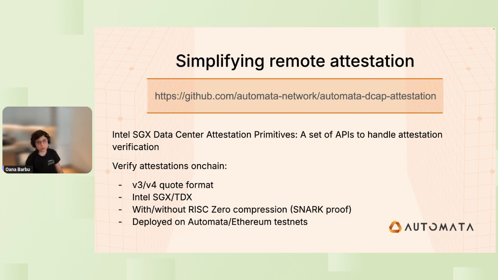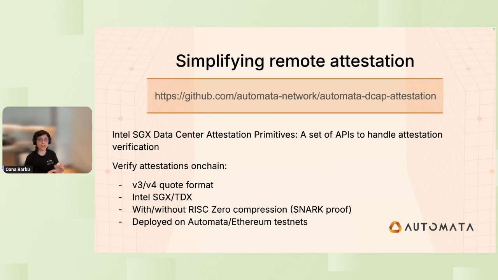We can verify both on chain using the DCAP library. This library works not only for Intel SGX hardware, but also works for TDX, which is Intel's VM-based TEE. And so the problem with verifying DCAP attestation on chain is that it's a bit expensive.